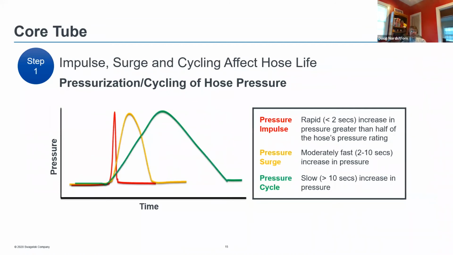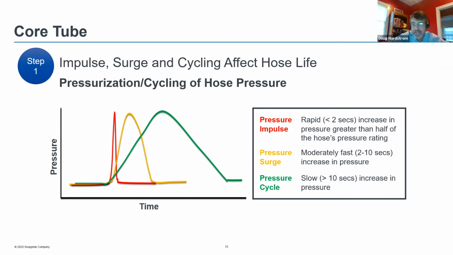So moving on now to pressure impulses. What we mean by a pressure impulse is a very rapid increase or decrease, for that matter, in a high amount of pressure inside of a hose. So this again is like opening and closing a ball valve, where a pressure cycle or a pressure surge is a slower process, similar to opening or closing a multi-turn needle valve.